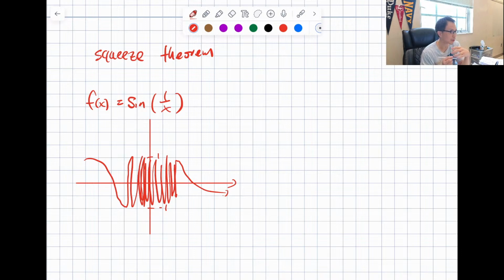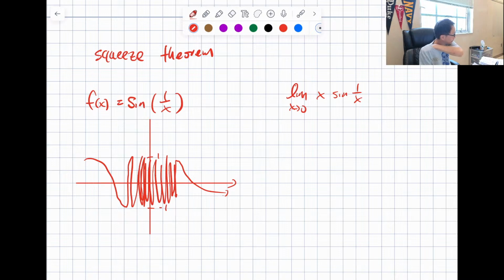But today we are interested in something else. What is the limit as x approaches 0 of x sine of 1 over x? This one is different from the other because we have an additional x in the front. Do you know what the graph of x sine of 1 over x looks like?